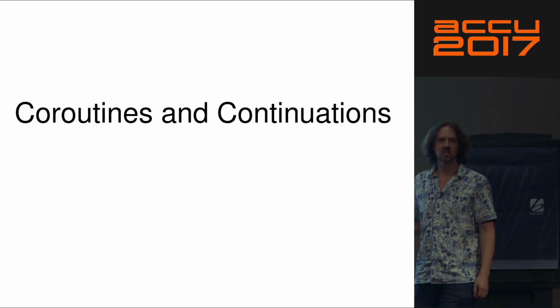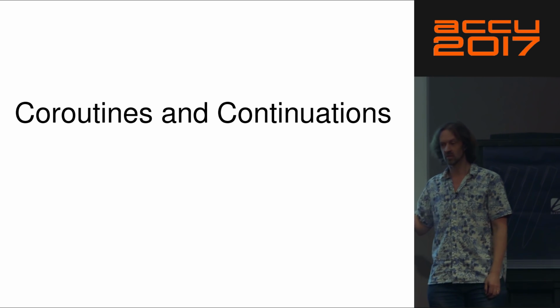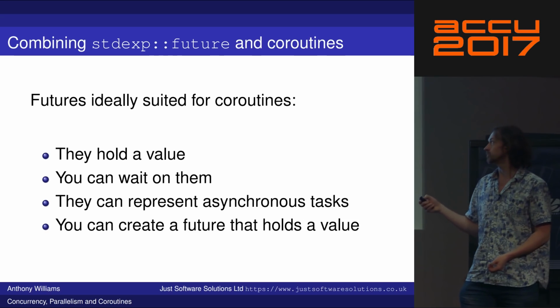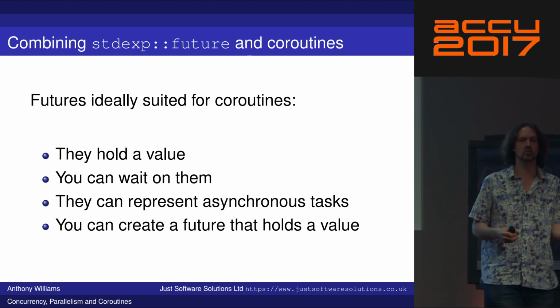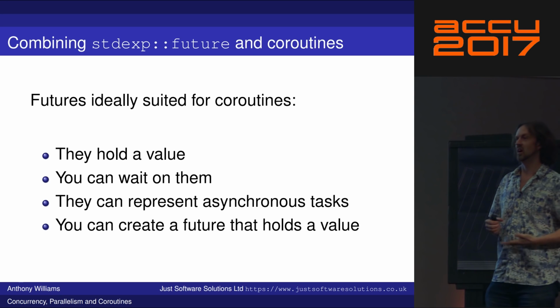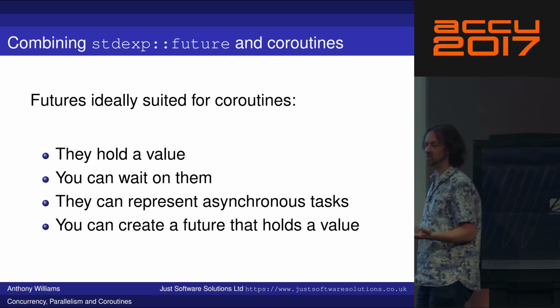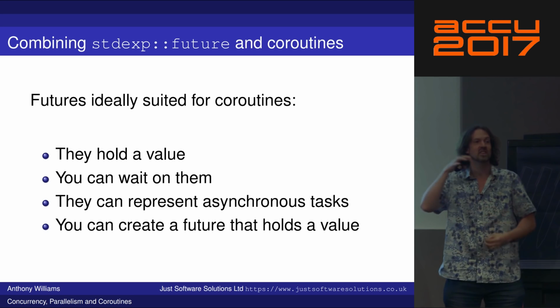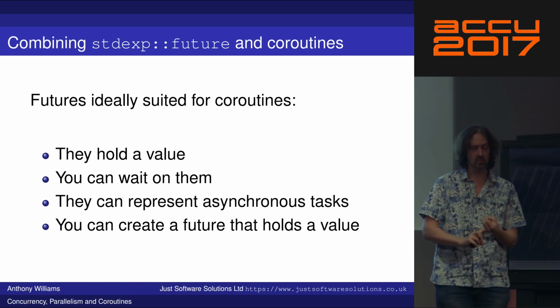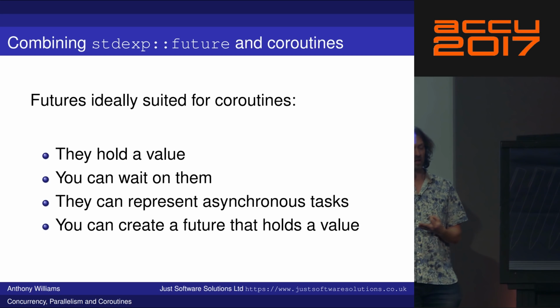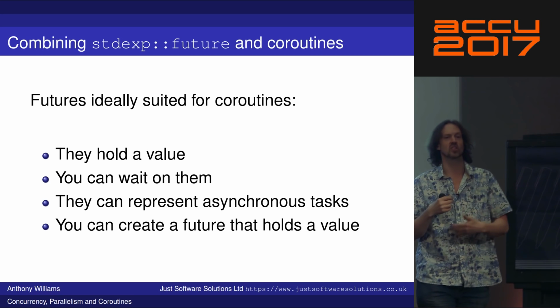So we have coroutines and continuations. So they actually work quite well because futures, some of my initial slides about coroutines use the future. And that's not a mistake, it's because futures are ideally suited for coroutines. They hold a value. You can wait on them. They can represent asynchronous tasks.